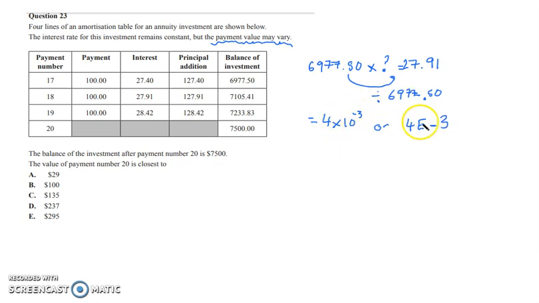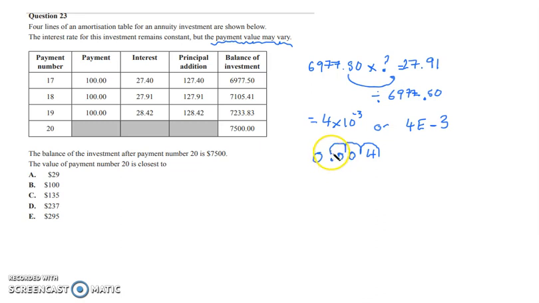These are the scientific notation for 4 times 10 to the power of -3. What this means is that we have 4, and if we move the decimal place 1, 2, 3 places to the left, it gives us this decimal value. If we multiply this value by this decimal, it would give us 27.91.